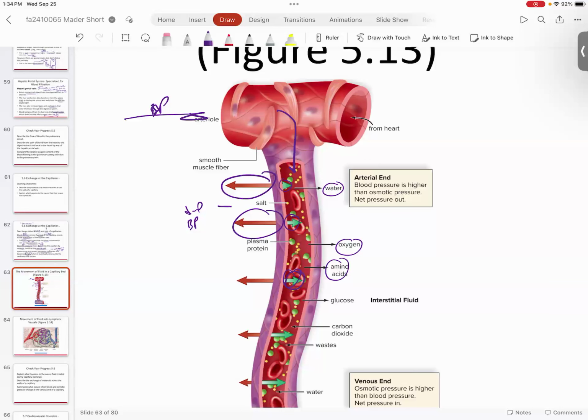And so your osmotic pressure will start to increase and increase. And not only that, but you don't have an infinite amount of water, do you? At some point, you're going to run out. So you notice that your water arrow starts to get smaller and smaller. So that push at your back is getting lighter and lighter.